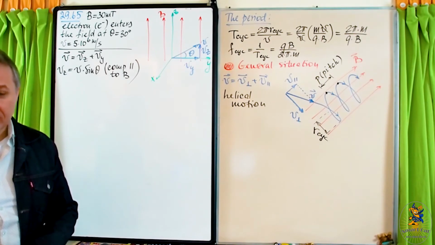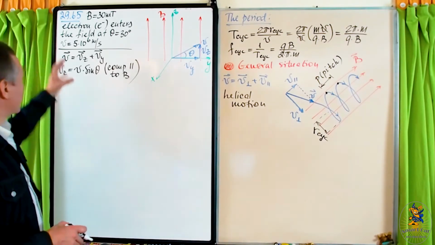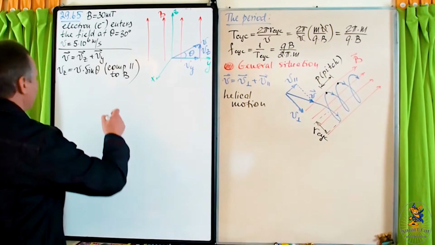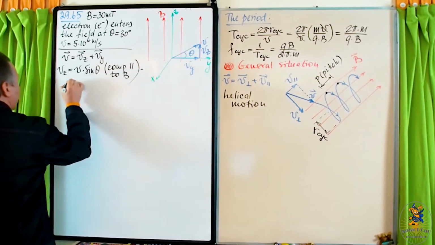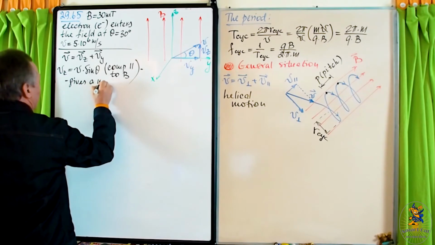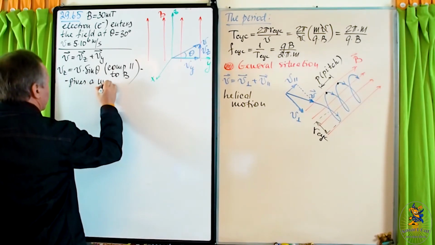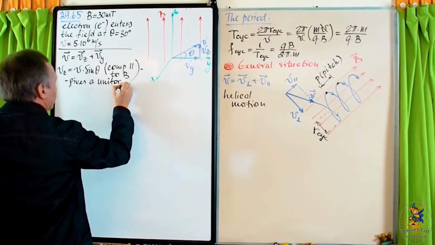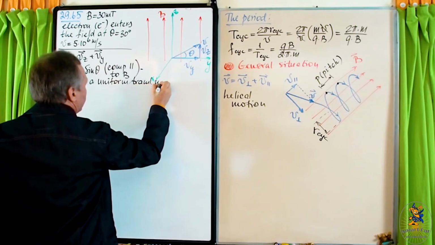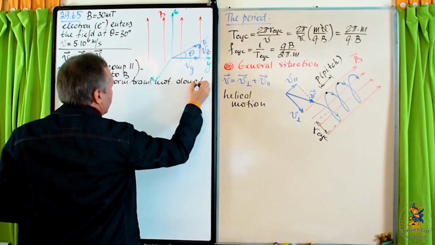It is going to give us a uniform translational motion, of course along the magnetic field lines, along B.